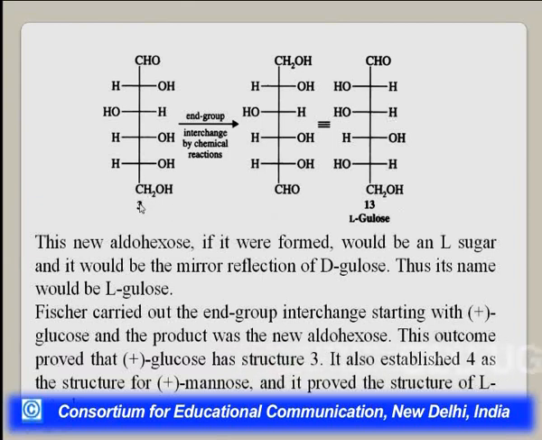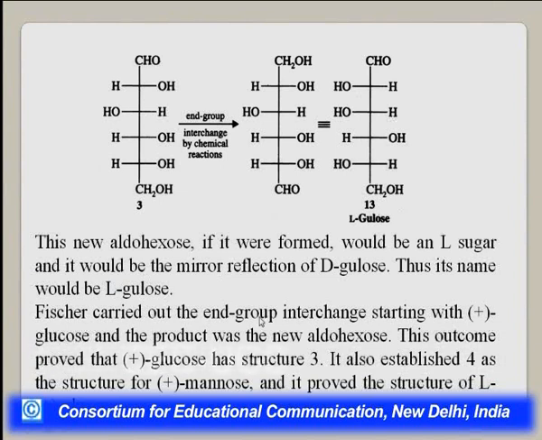And here is structure number 3. It is giving a different sugar, and what is that? Nothing but the enantiomer, L-glucose. This is D-glucose, this is L-glucose. This new aldohexose, if it were formed, would be an L sugar, and it would be the mirror reflection of D-glucose. Thus its name would be L-glucose.